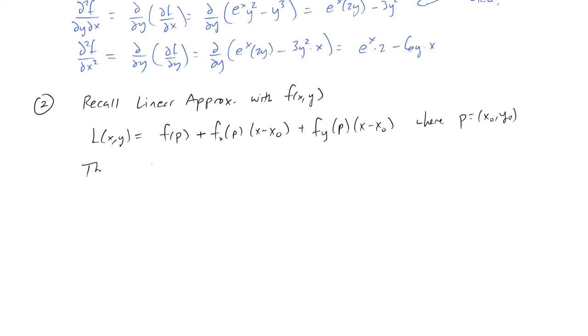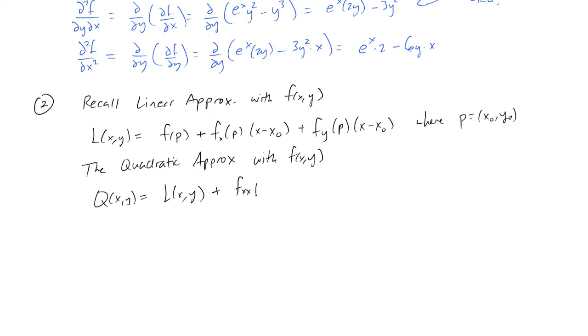Okay, so the quadratic approximation adds three terms. So we'll call it q of xy. It's going to be the linear approximation plus fxx at p over 2 times x minus x naught squared, plus fxy at p times x minus x naught times y minus y naught, plus fyy at p over 2 times y minus y naught squared.